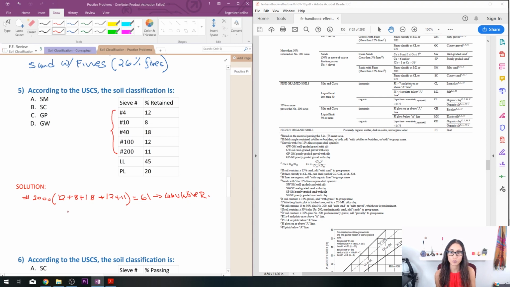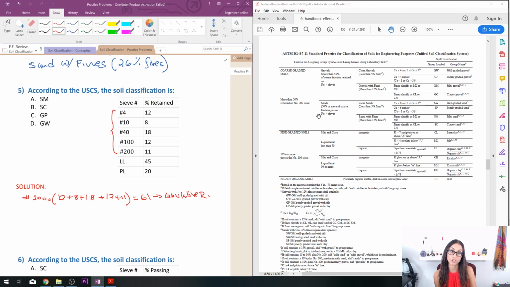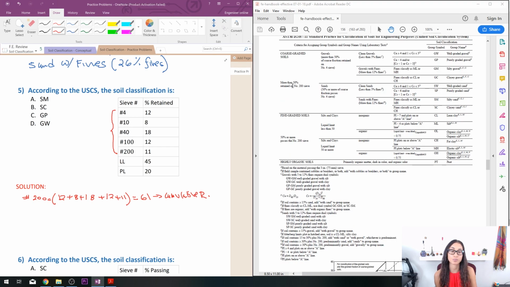If you want to know the percentage passing, that will be 100 minus 61. With that information, I have 61% retained on sieve number 200. Here I have more than 50% retained on 200, which means I have coarse-grained soil.